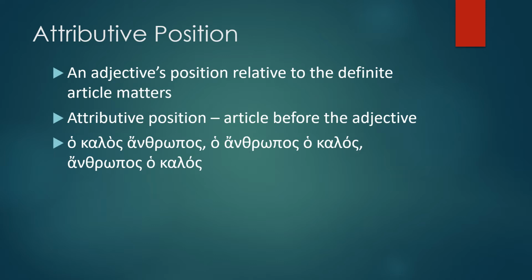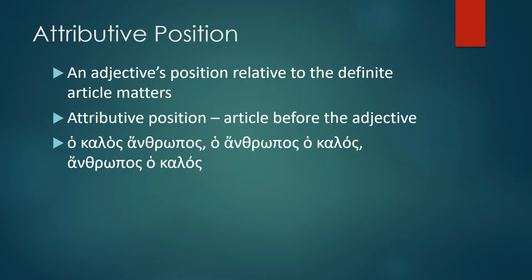Whereas in the others, because I'm putting commas there, I'm just going to leave it as an acute. So, ho kalos anthropos, or ho anthropos ho kalos, or anthropos ho kalos. These all mean the same thing. The man, the man.